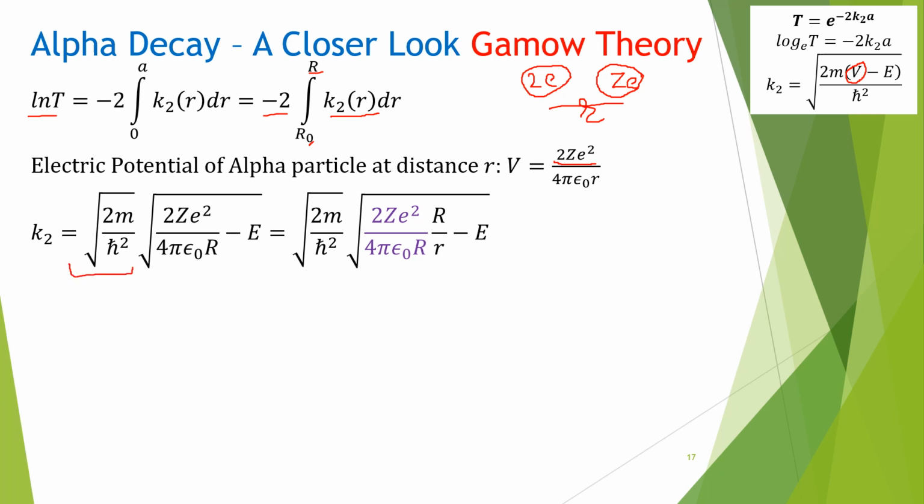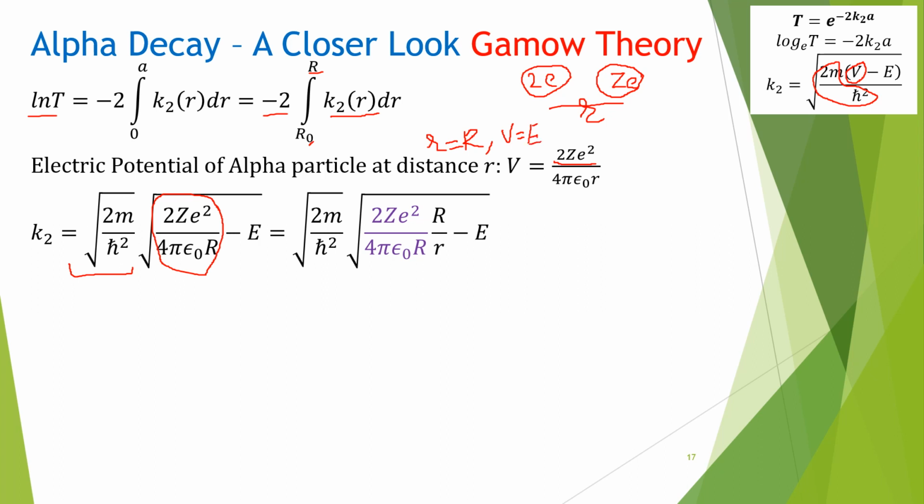Under root of 2m upon h cross square we have picked up from here. Then V is being replaced by the electric potential 2Ze square upon 4 pi epsilon 0 r, and at that point we are talking about small r equal to capital R, the place where potential energy V is equal to the kinetic energy of the alpha particle.